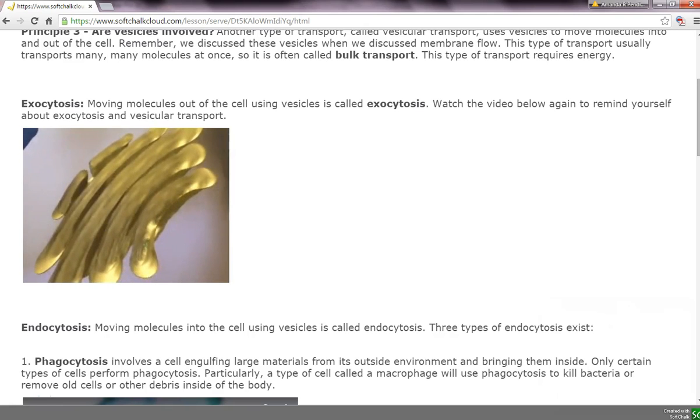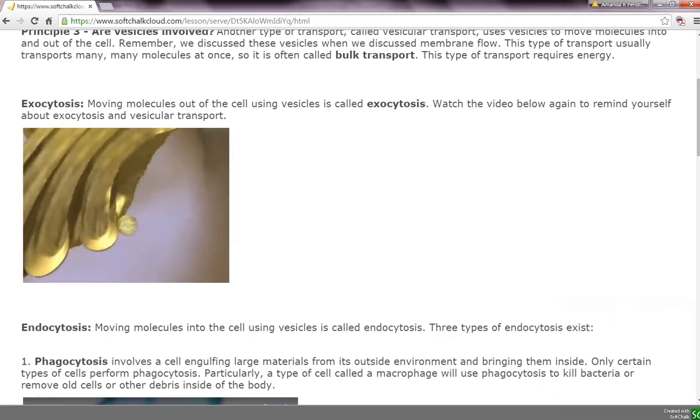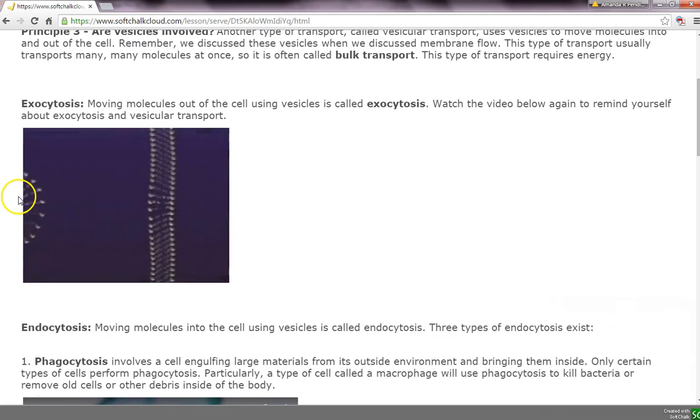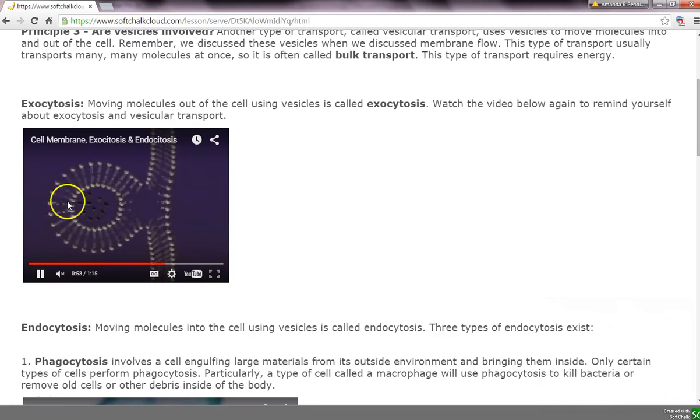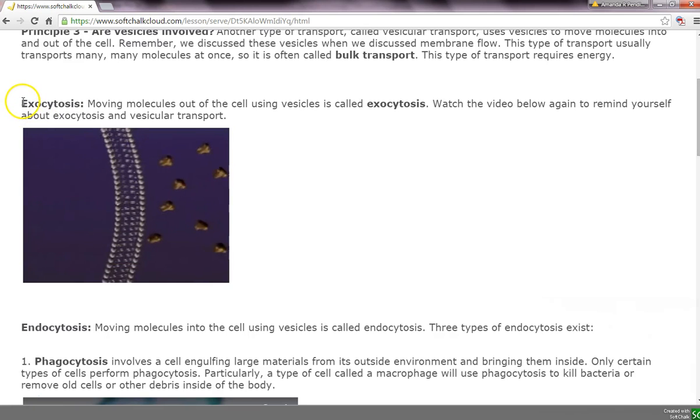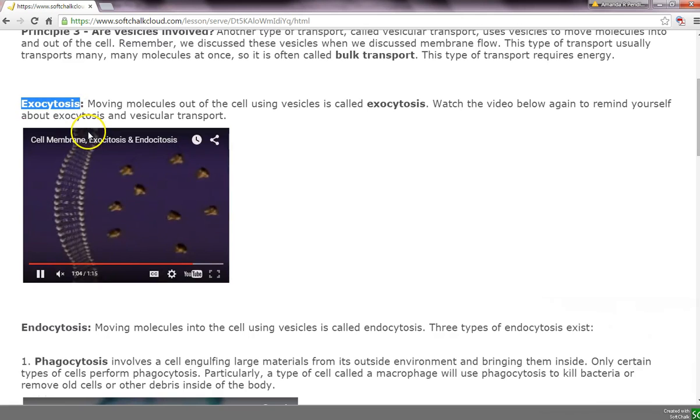And like we said, this sort of vesicular movement can be used to move things, as it's showing here, from inside the cell to outside the cell. And that type of movement is called exocytosis.